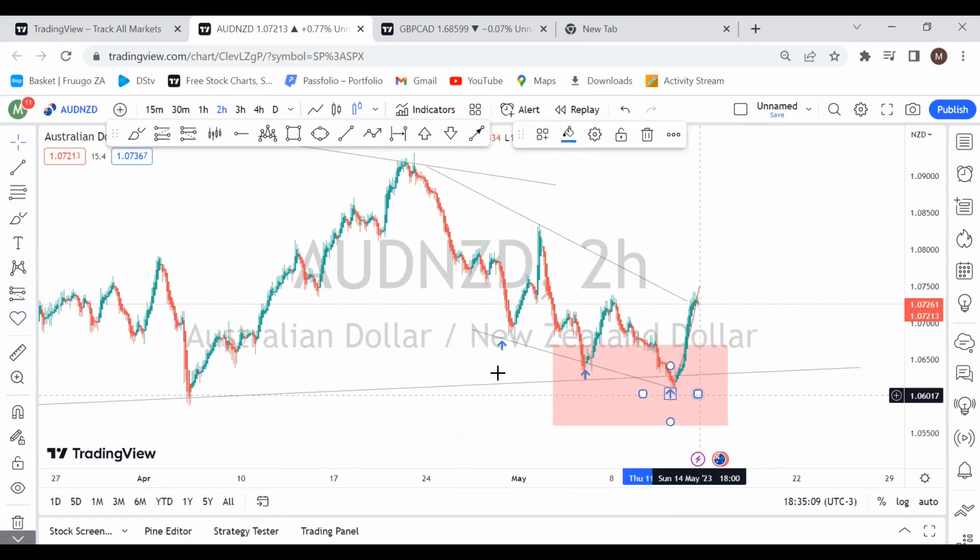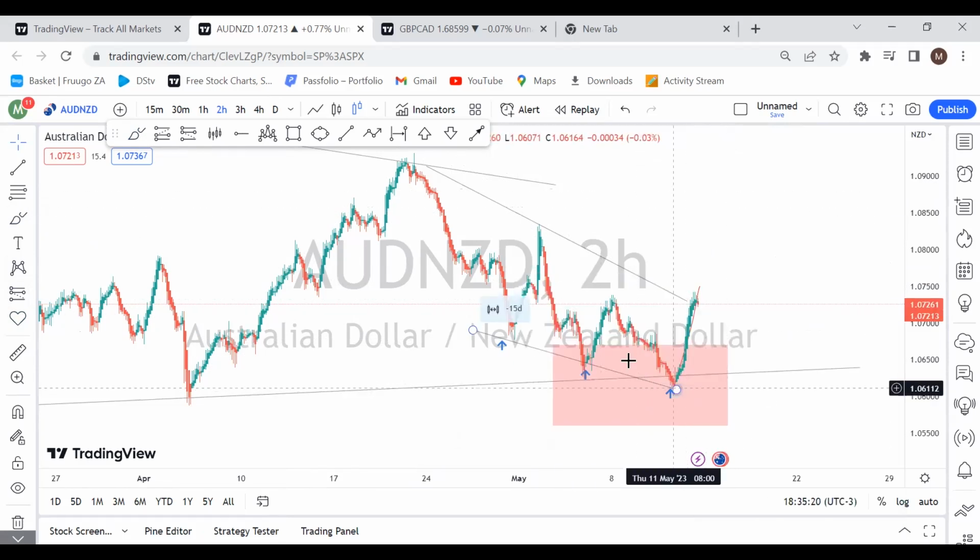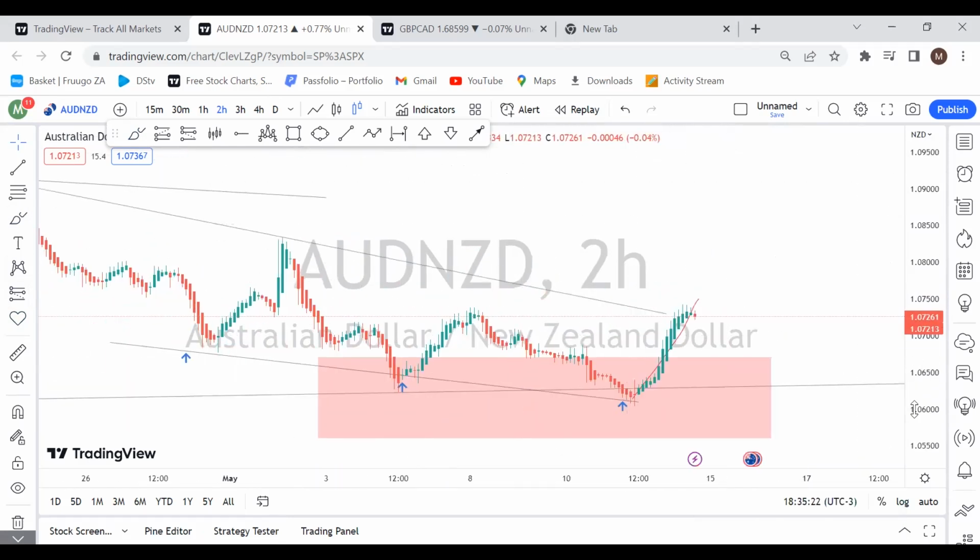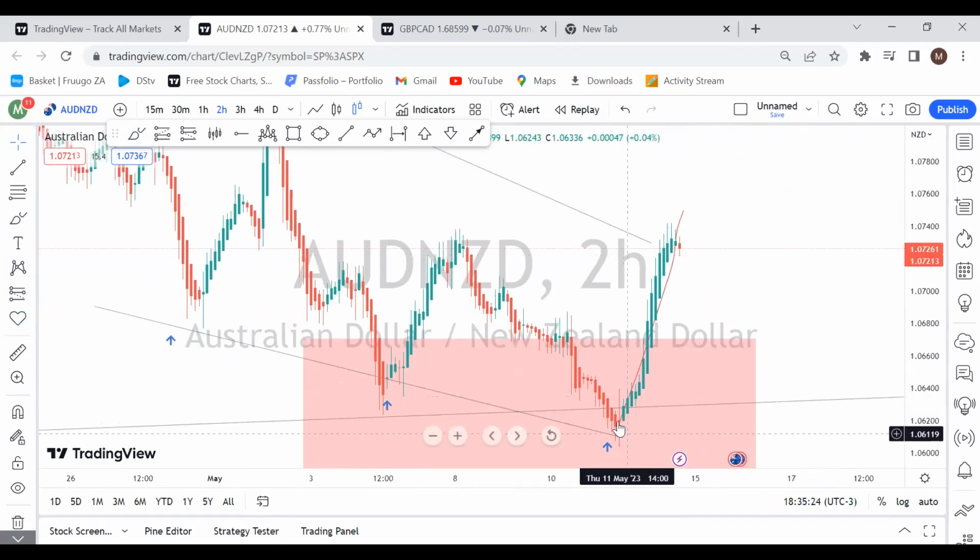So we also have these one, two, three touches, highest probability being the third one. So the price already bought since we couldn't capitalize off this third touch right here.